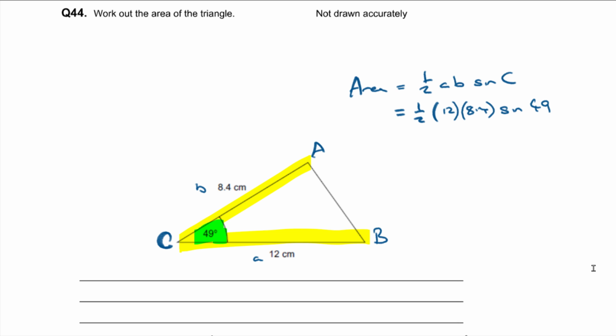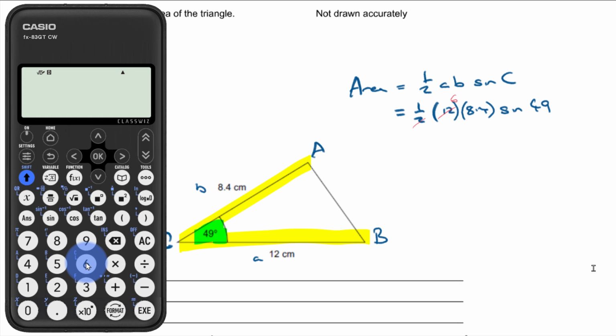I might just halve that and get 6, just to make things easier to type in. So 6 times 8.4 times the sine of 49. That is 38.0.